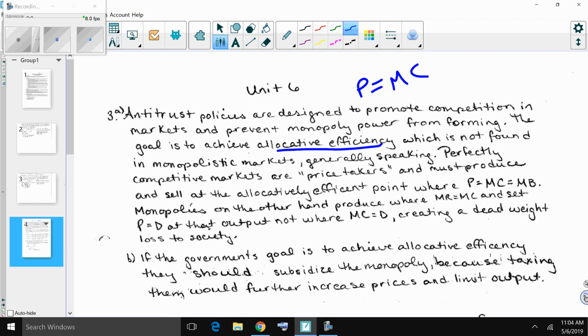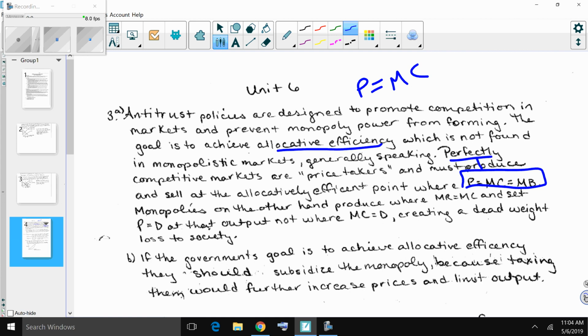Which is not found in a monopolistic market, generally speaking. Perfectly competitive markets are price takers and must produce and sell at the allocatively efficient point where P equals MC equals MB. That is when we're perfect, okay?